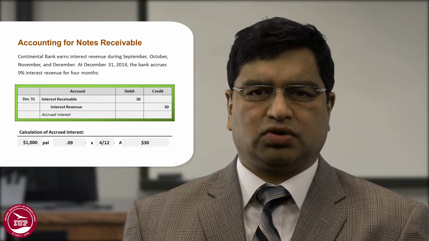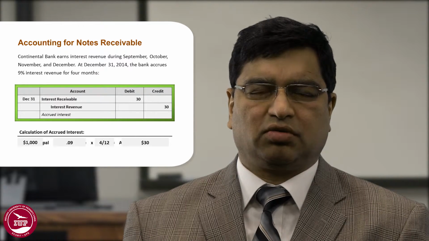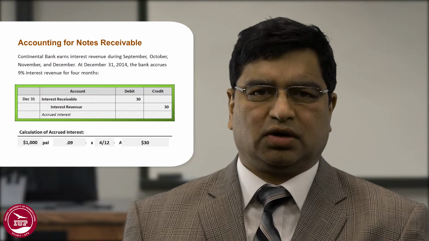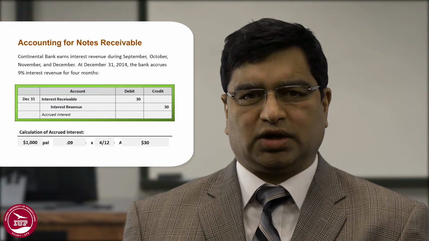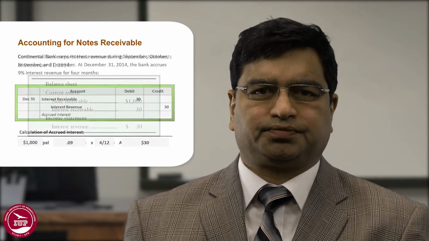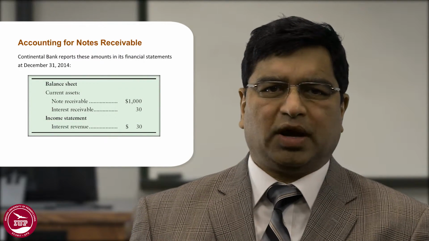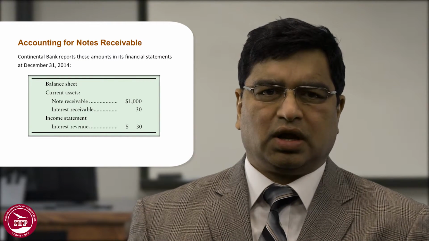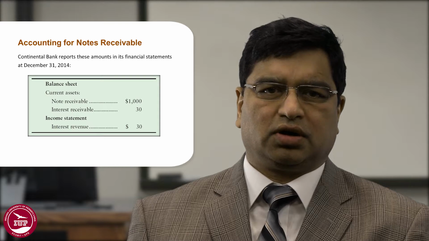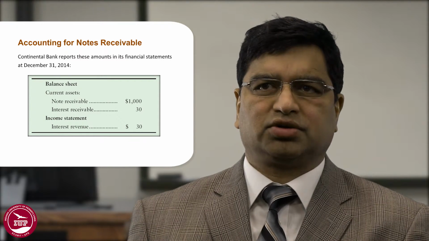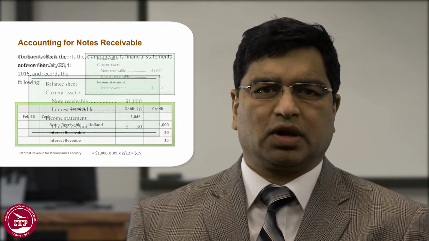In this case, you've got $30 of interest receivable for the bank and an interest revenue of $30. Please note the cash has still not been received by the bank. On the balance sheet for the bank, you have a notes receivable of $1,000 and interest receivable of $30. And on the income statement, there is an interest revenue of $30.